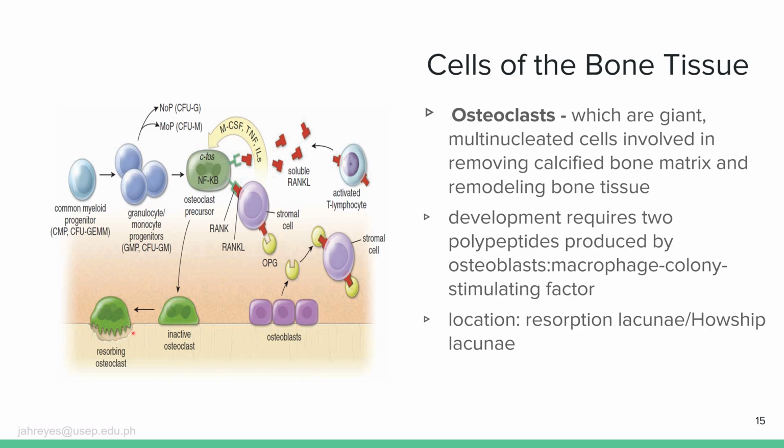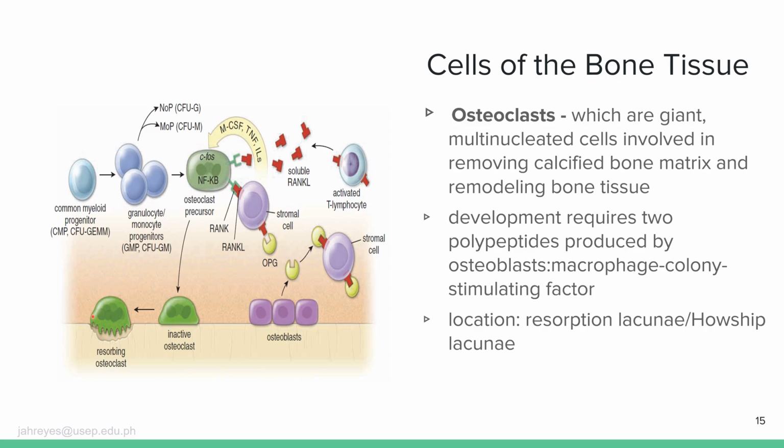They are easily recognizable adjacent to the bone. The cell is very evident because of its large size and marked acidophilia when observed under the microscope.